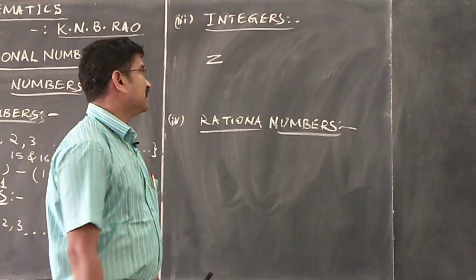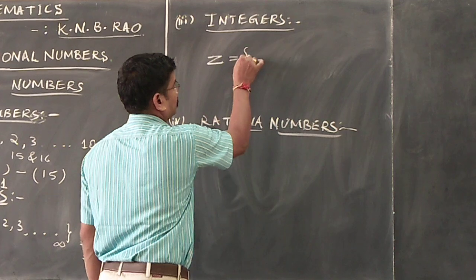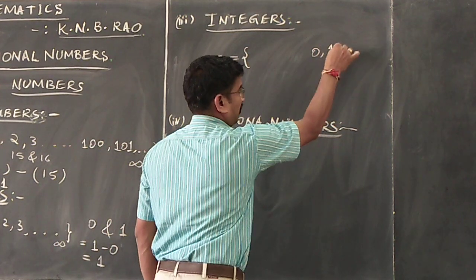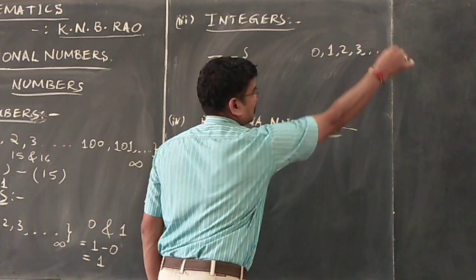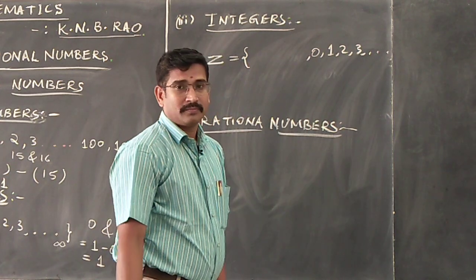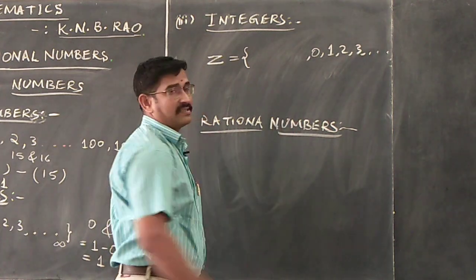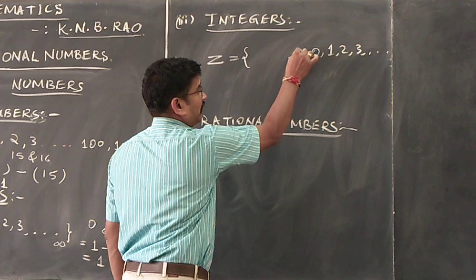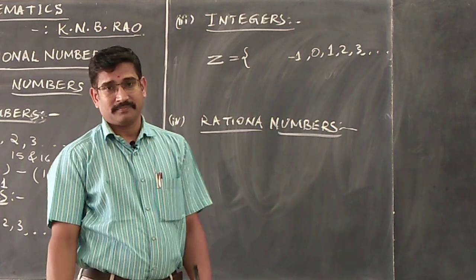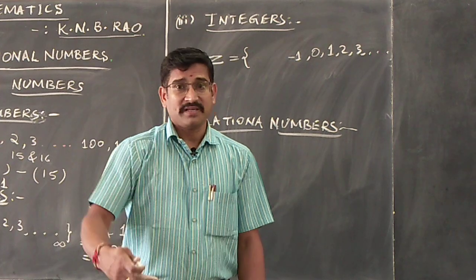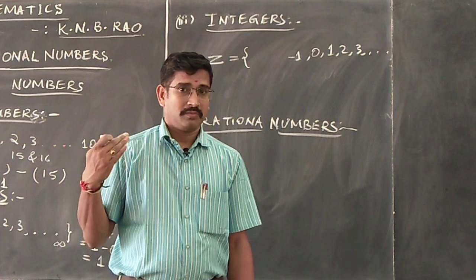Children, in integers we have all the whole numbers, that is 0, 1, 2, 3, along with their images. What do you mean by their image? It means, for example, the image of 1 is -1. That is the negative sign of 1, which means below 0.